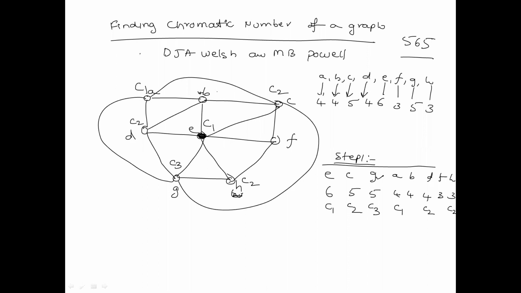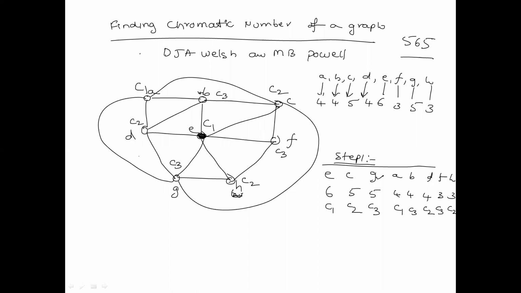So the same color 3 I can give to B and F also. Nothing great in this. The only suggestion is you put the vertices in decreasing order of their degrees, then carefully apply the colors, and ensure that at any stage adjacent vertices do not have the same color.